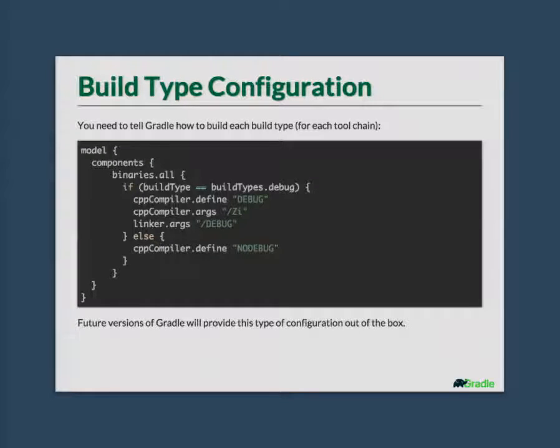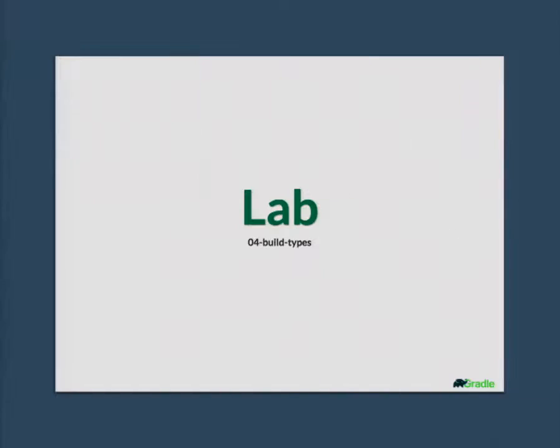Otherwise, it's the non-debug case, and we're going to define something else. The idea is that in the future Gradle would understand build types a little bit better, so a debug build type for native components with GCC would mean use these debug arguments. All right, so we're going to jump into that.